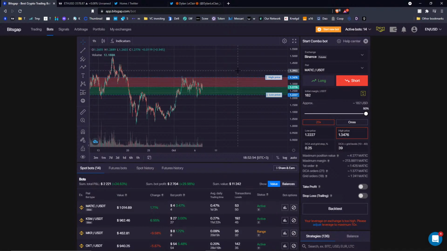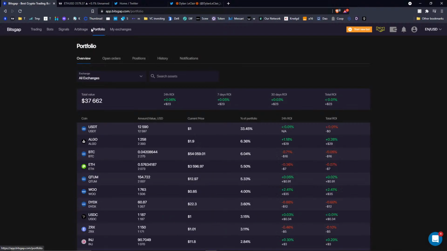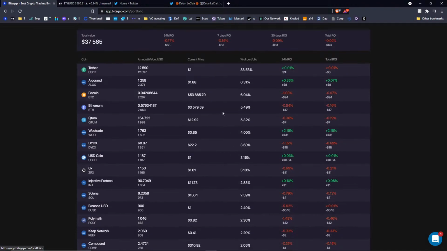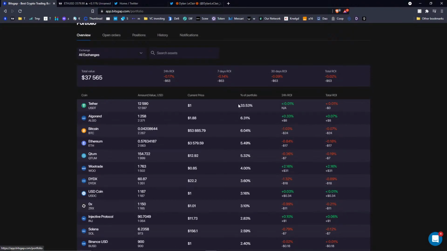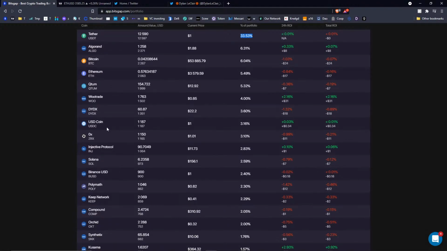The way I use it is I look at my portfolio and see my current allocation. Okay, 33% in USDT, I think I also have some USDC, so that's another 3%, so now it's around 36%, plus other stable coins, so around 40%.